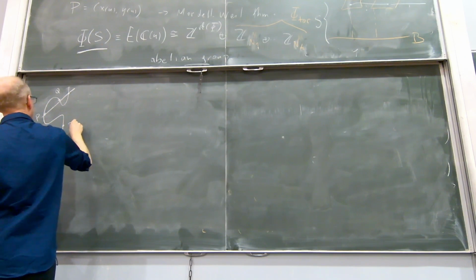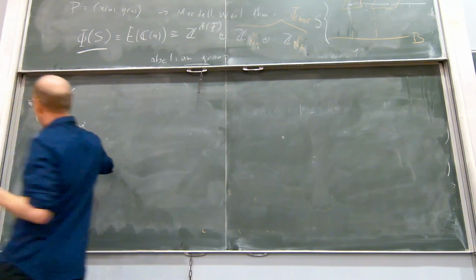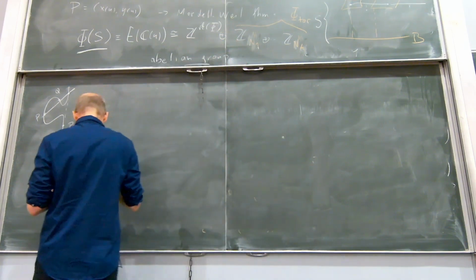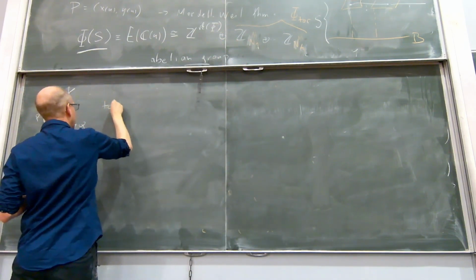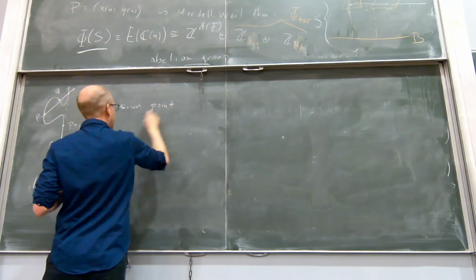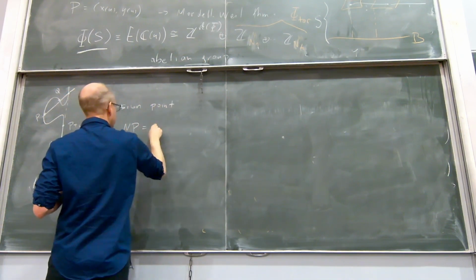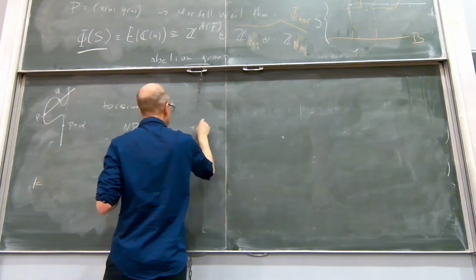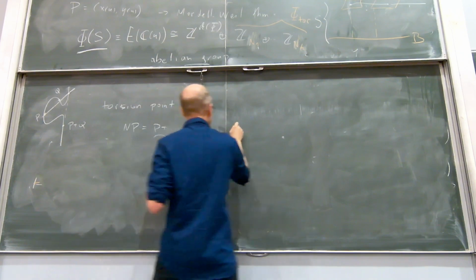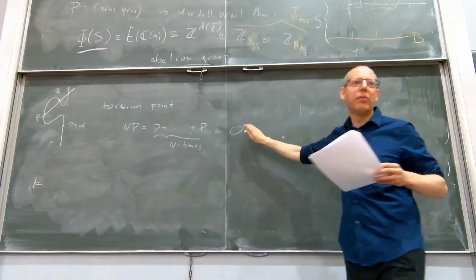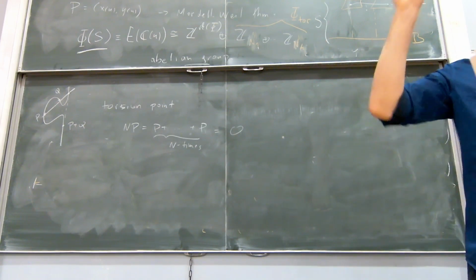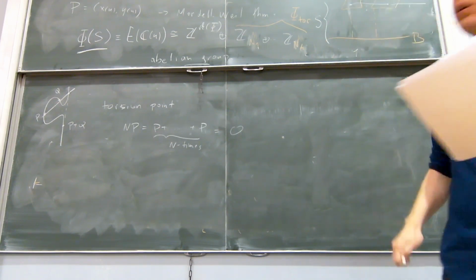This is P plus Q. For torsion points, that means n times P, which means P plus P, n times, equals 0, the point at infinity. In this Weierstrass form, the neutral element for addition is the point at infinity.